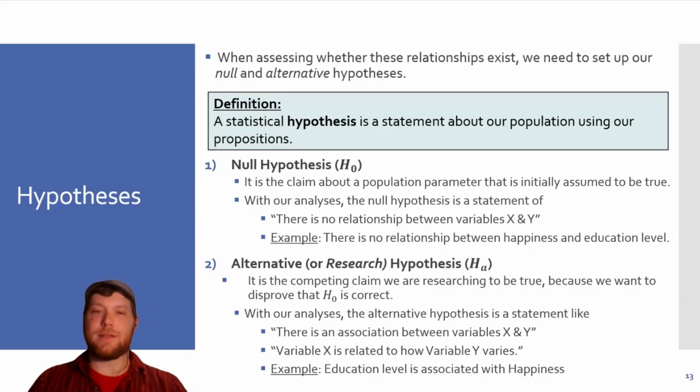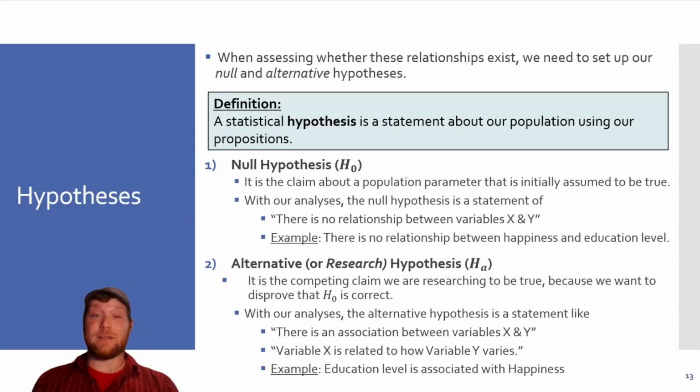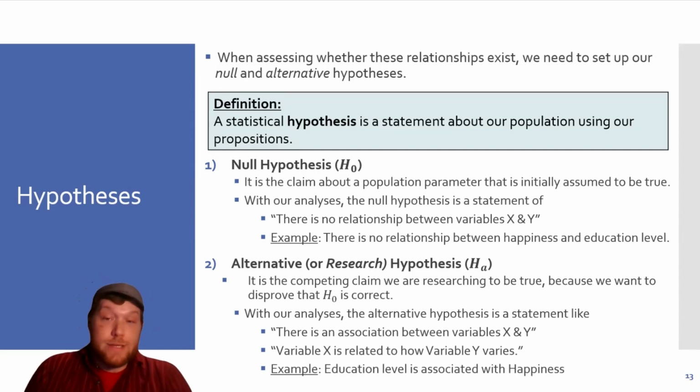We want to disprove that. So we want to prove something is happening. In our analyses, alternative hypotheses are going to be something like there's an association between variables X and Y, or maybe variable X is related to how variable Y varies. A good example of this is education level is associated or related to happiness.